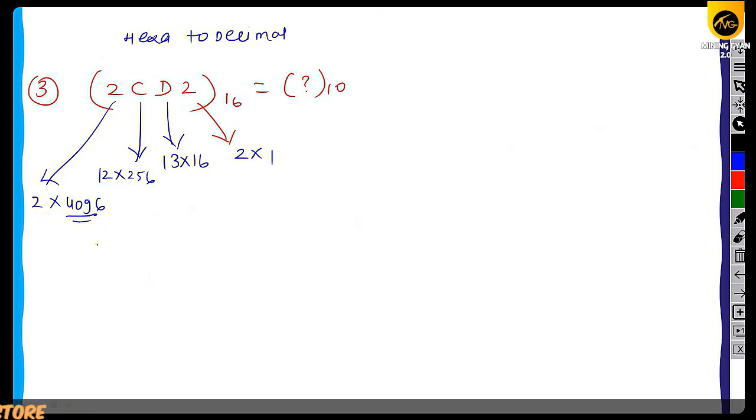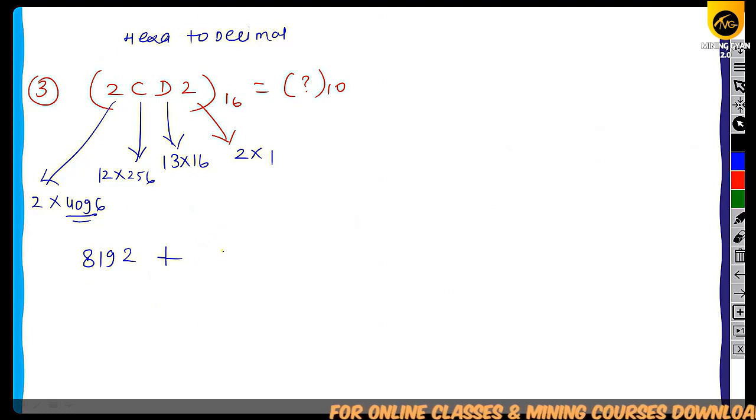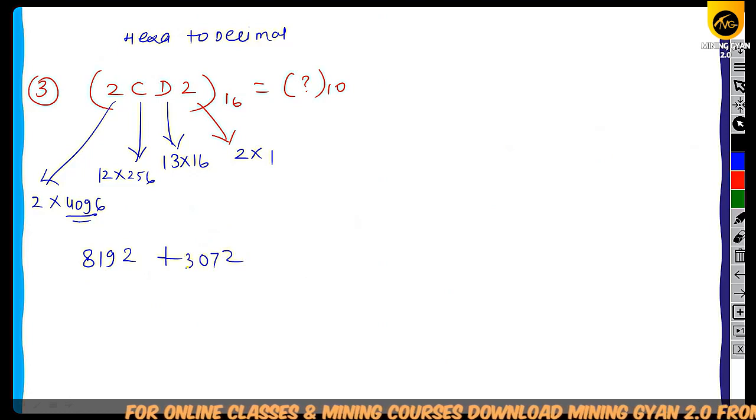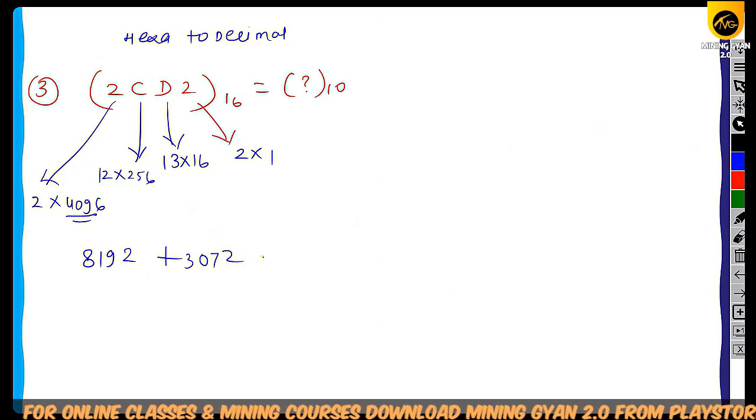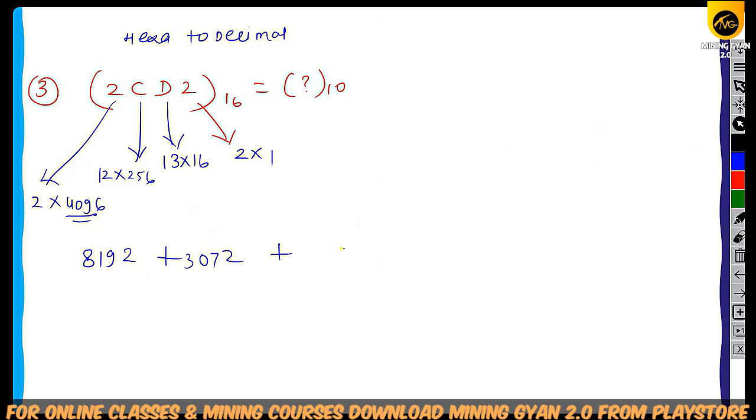Now multiplying 2 into 4096, it will become 8192, plus 12 into 256, which is 3072, plus 13 into 16, which is 208, plus 2. Just add these numbers and the answer will be in the form of decimal.